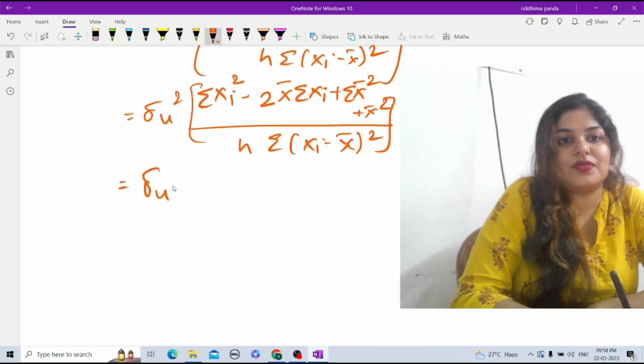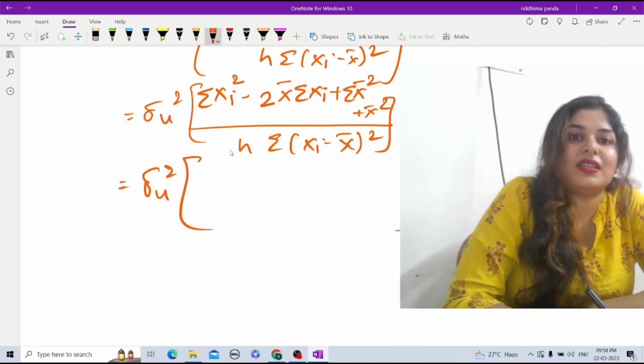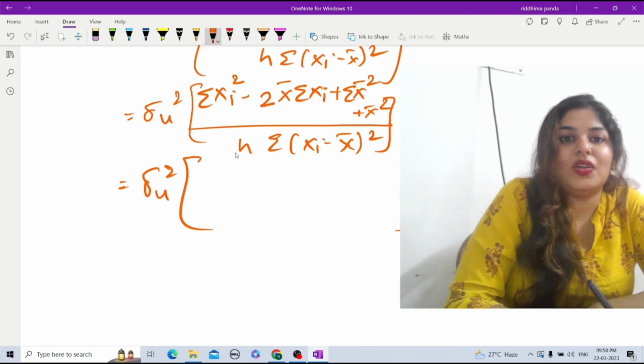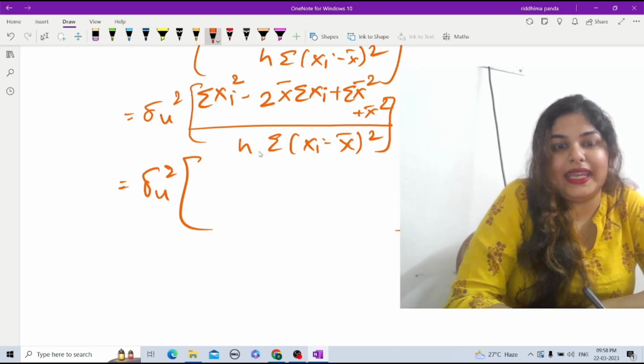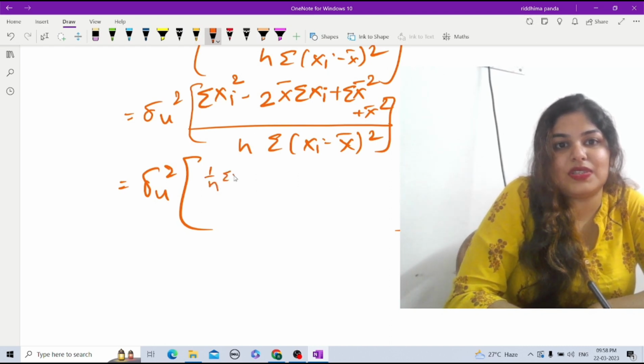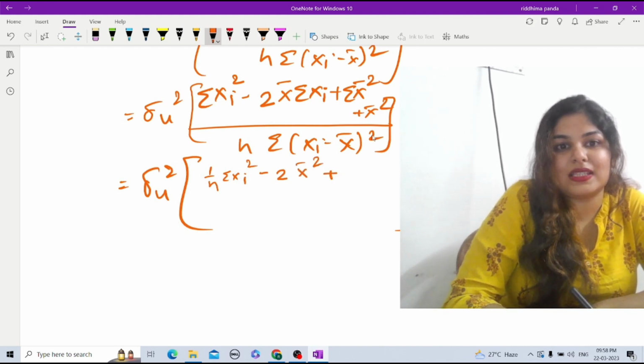Now this is equals to sigma u square. Let's simplify again. So this whole thing is divided by n. So let us just divide by n, right? So 1 by n summation xi square minus 2 x bar square plus 1 by n.